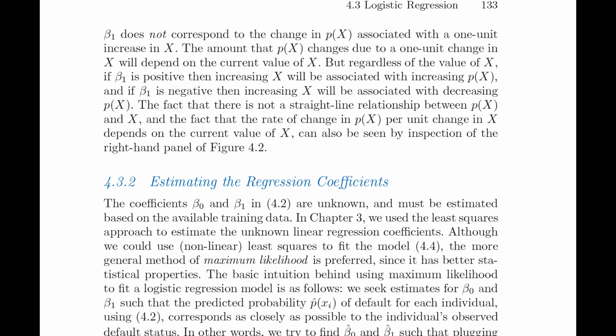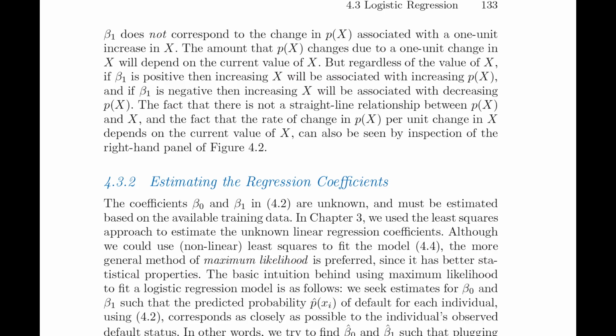But regardless of the value of x, if beta 1 is positive, then increasing x will be associated with increasing p of x. If beta 1 is negative, then increasing x will be associated with decreasing p of x. So we still keep the direct or inverse relationship. The sign of beta 1 does tell you whether to expect the response to increase or decrease.